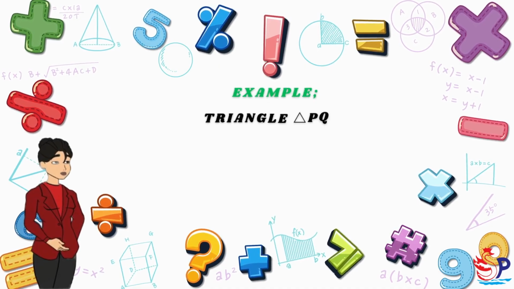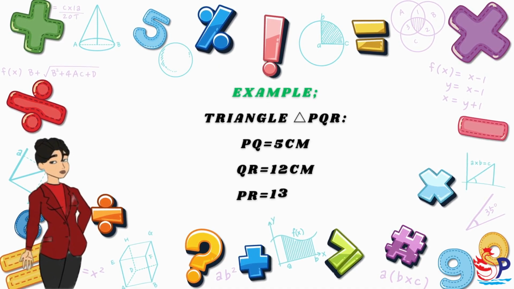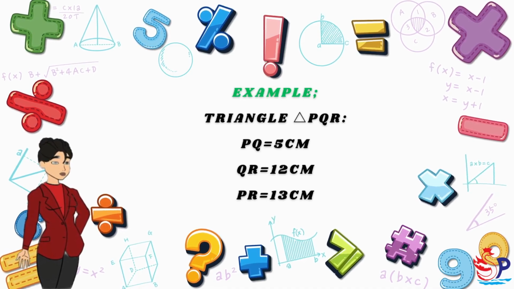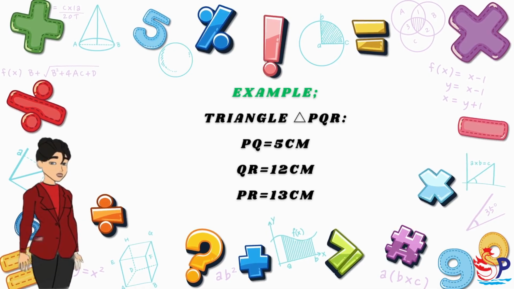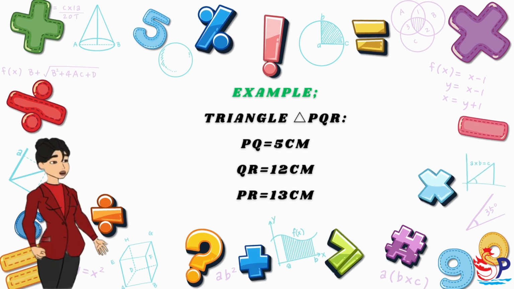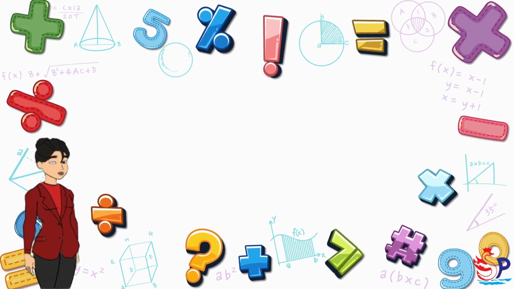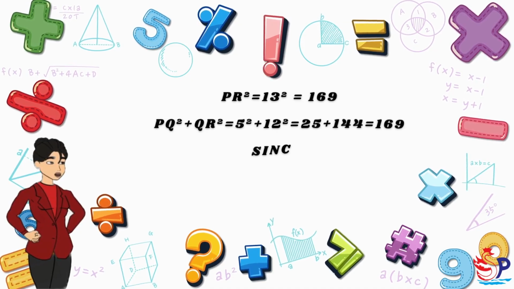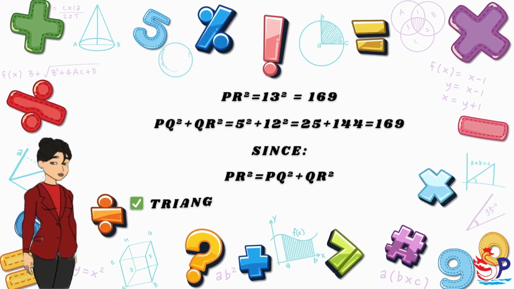Example: triangle PQR. PQ is equal to 5 cm. QR is equal to 12 cm. PR is equal to 13 cm. PR squared is equal to 13 squared is equal to 169.